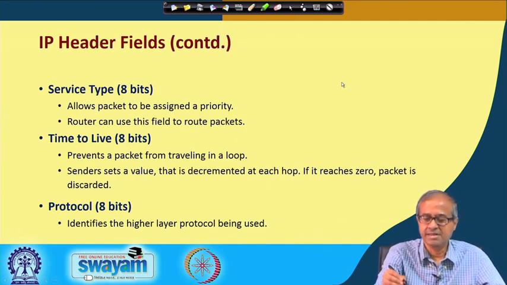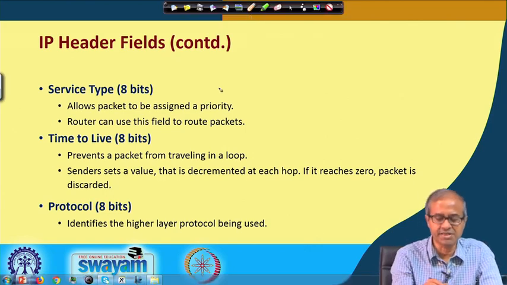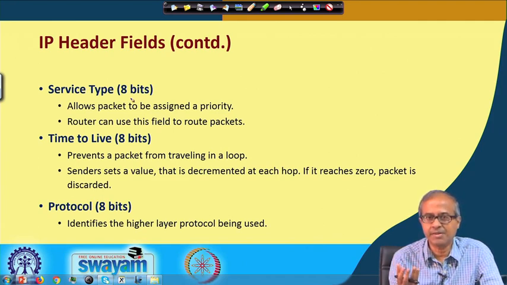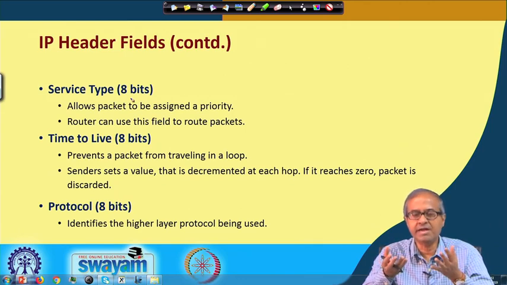Then there are some other fields, some of which are used very rarely. For example, service type. This is an 8-bit field which contains some additional information which allows a machine to tell whether you want some special kind of service, like whether you want to give some higher priority to your packets.